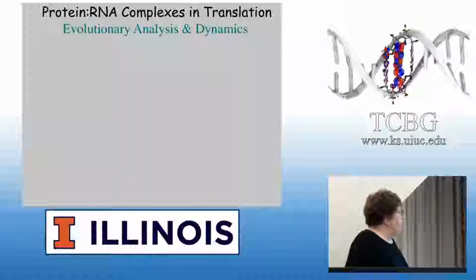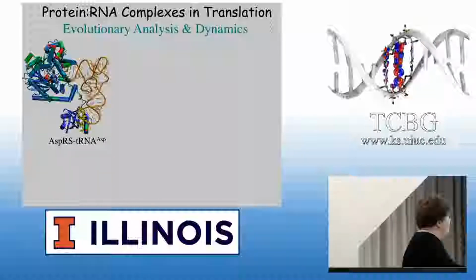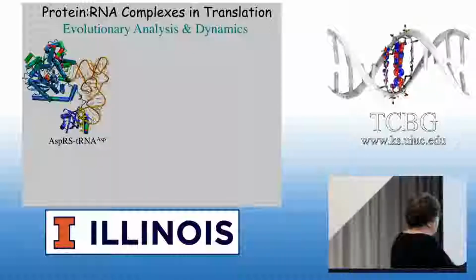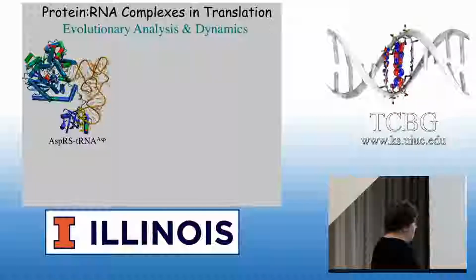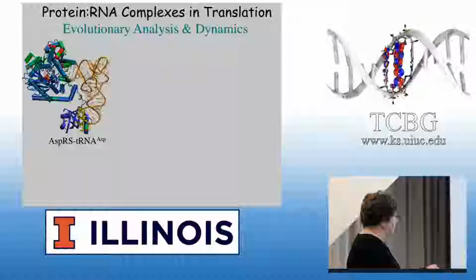So what are these protein-RNA complexes? First, a little bit of a biology lesson. It's these proteins that set the genetic code. Now, this is an aminoacyl-tRNA synthetase. The amino acid that it's going to load onto this tRNA is going to be aspartic acid. And this tRNA carries the anticodon down here, those yellow nucleotides, they contain the anticodon, right?